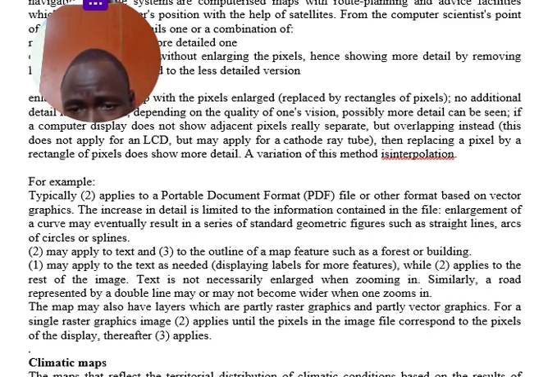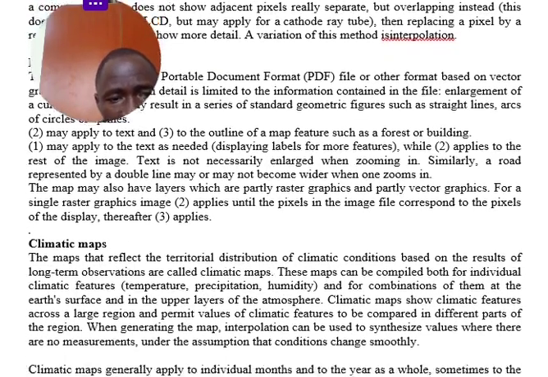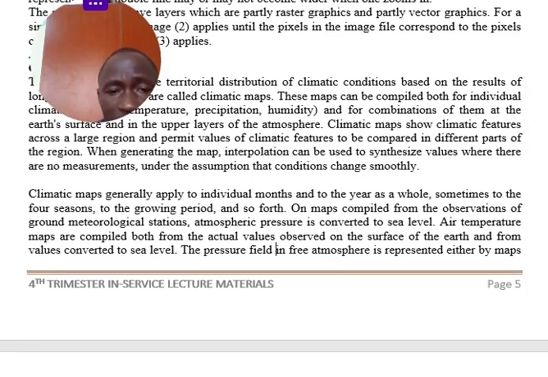Such figures involve drawing straight lines, drawing circles, and also splines. Those are the things in relation to computerized maps.